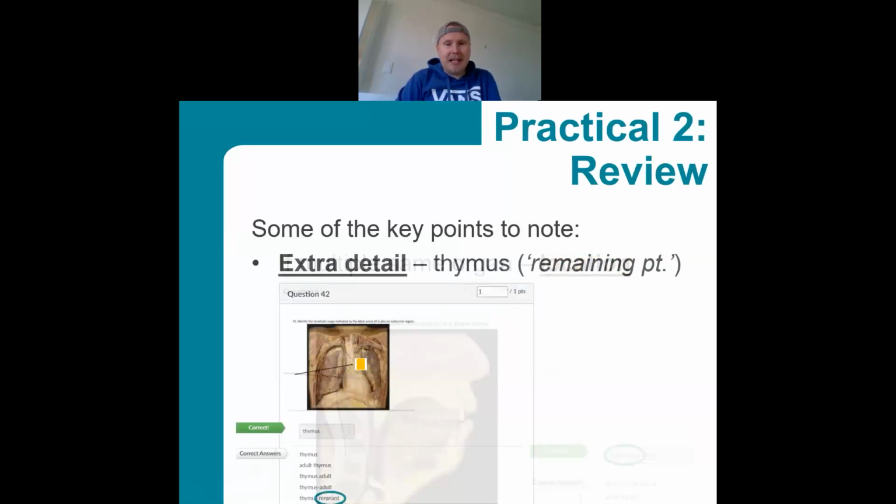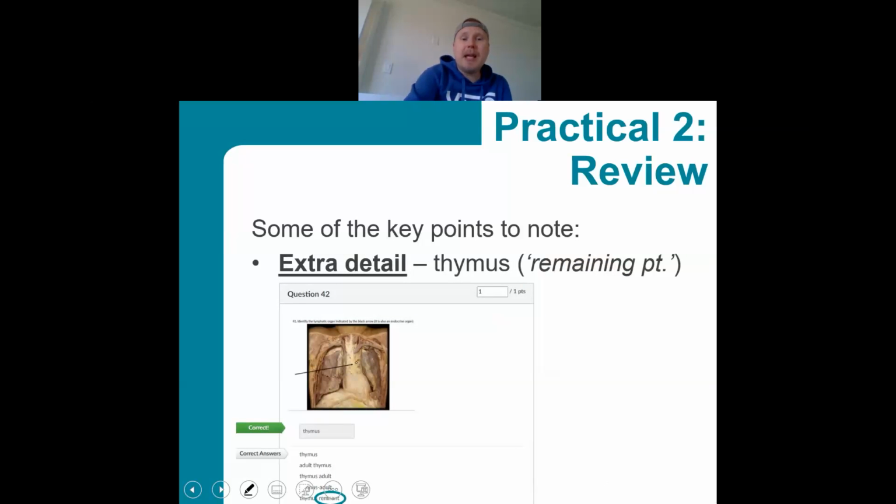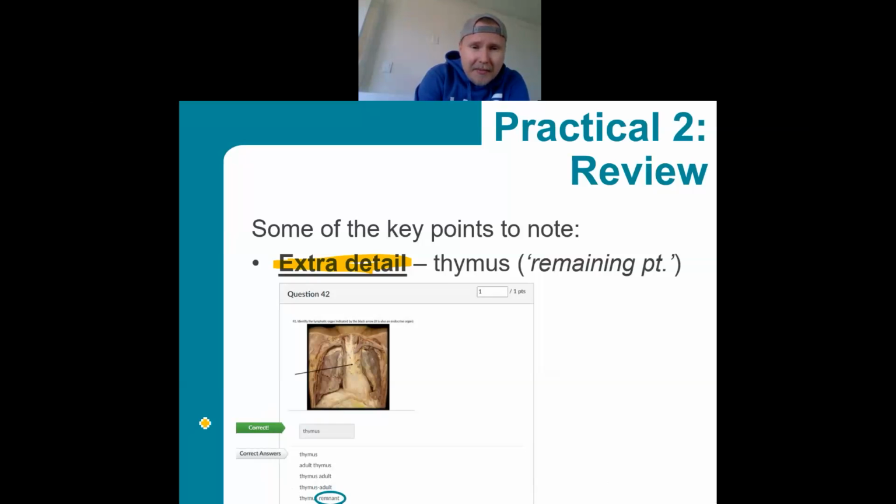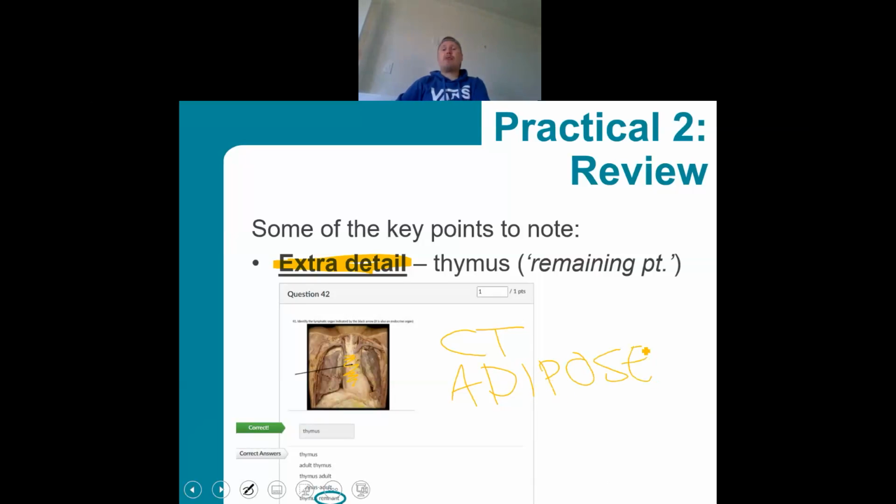Let's have a look at the next one. If you're able to provide some extra detail, that's always good. What we see here is a dissection picture of an adult, and we see the remains of what used to be thymus. It has been replaced by connective tissue and adipose tissue. As you age, your thymus gets replaced by those, but it is still there.